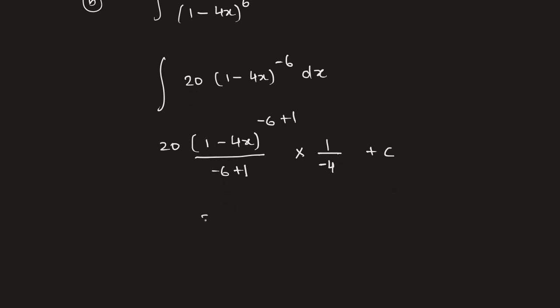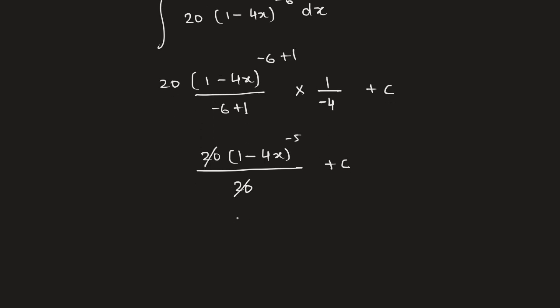What we'll get is 20 times (1 minus 4x) to the power negative 5, over negative 5 into negative 4, which is positive 20, plus c. Now this 20 and 20 get cancelled out. So we are left with, I can rewrite this as, 1 upon (1 minus 4x) to the power 5, plus c.